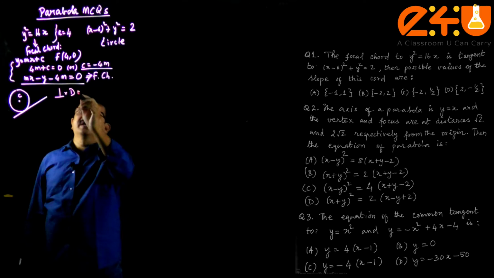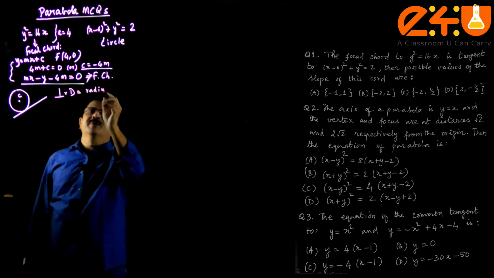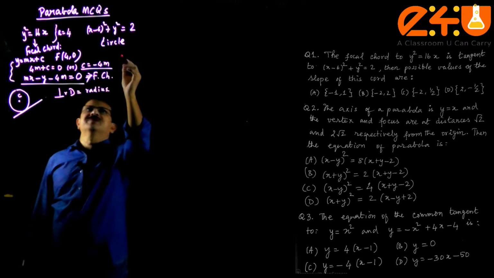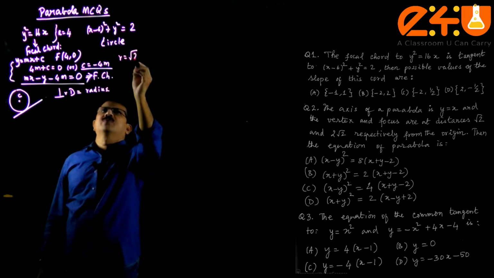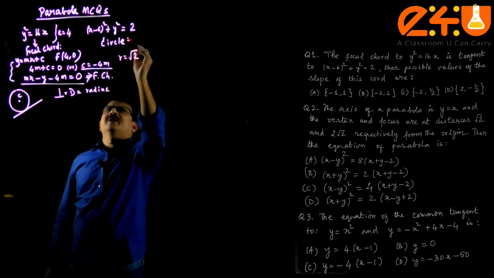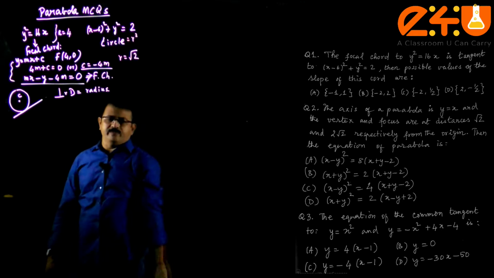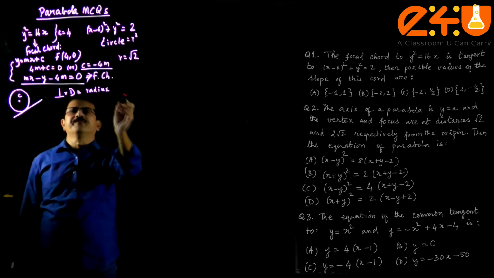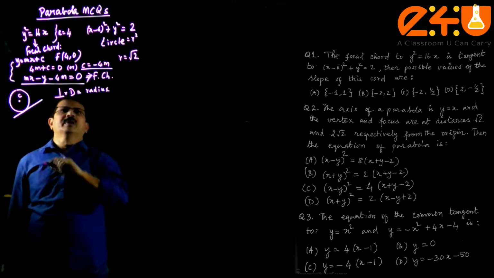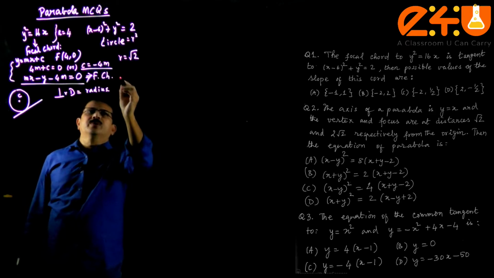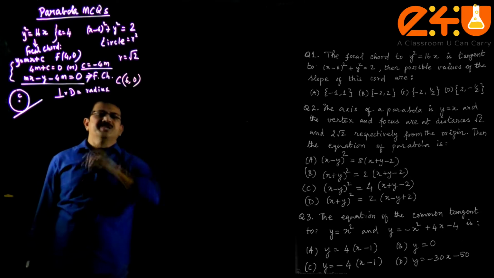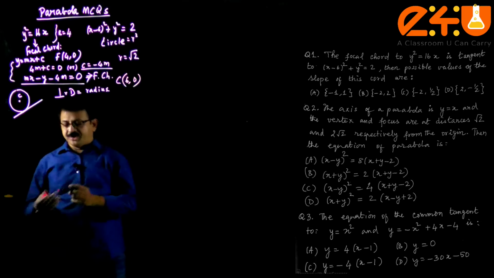Perpendicular distance and radius must be equal. And the radius for the given circle is square root of 2 because the RHS is r squared. Radius is root 2. So, apply the perpendicular distance formula. To do that, you should know the center of the circle, which is obvious from the given equation.